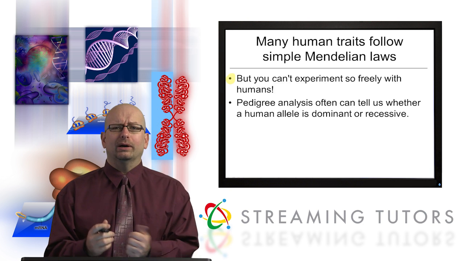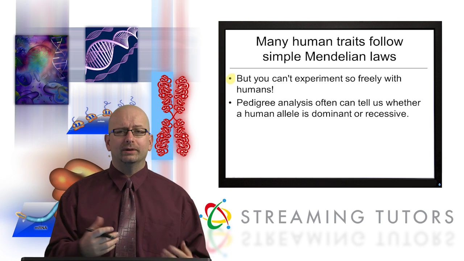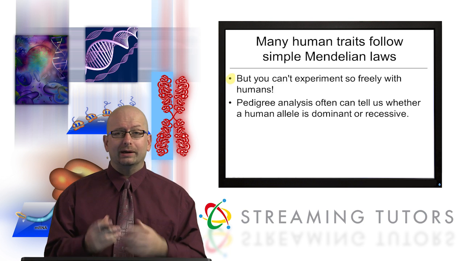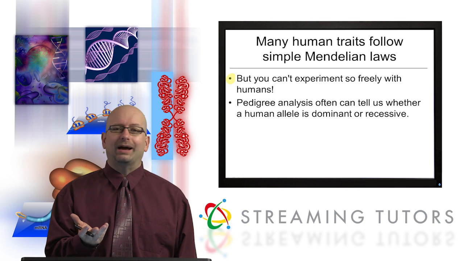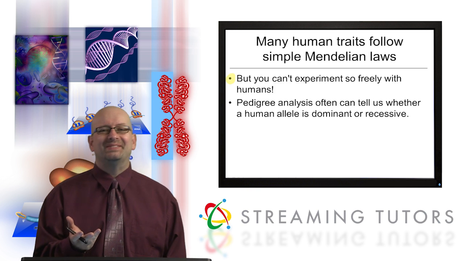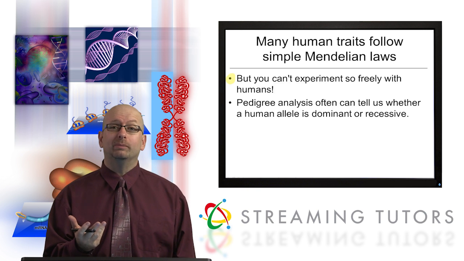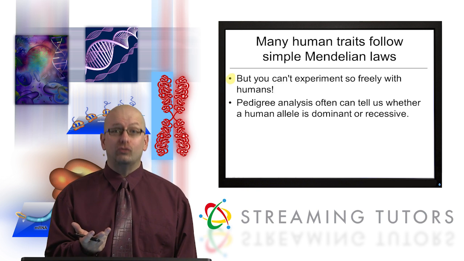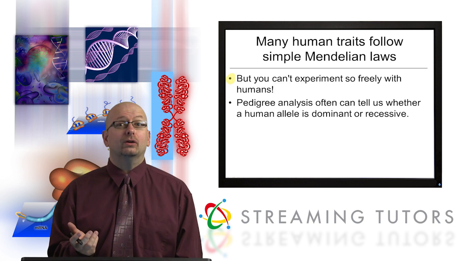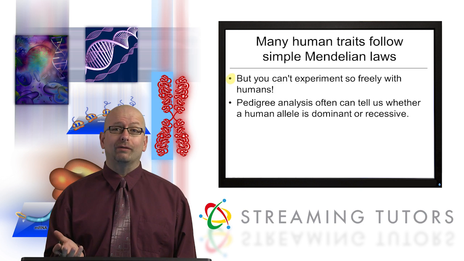We can't say, all right, we're going to check this out. You mate with that one, and then we'll wait till you have offspring and we'll count them up. Aside from the obvious ethical considerations, it just wouldn't be practical because of the long generation time of human beings, right? Even if people volunteered for the study, it would take forever.